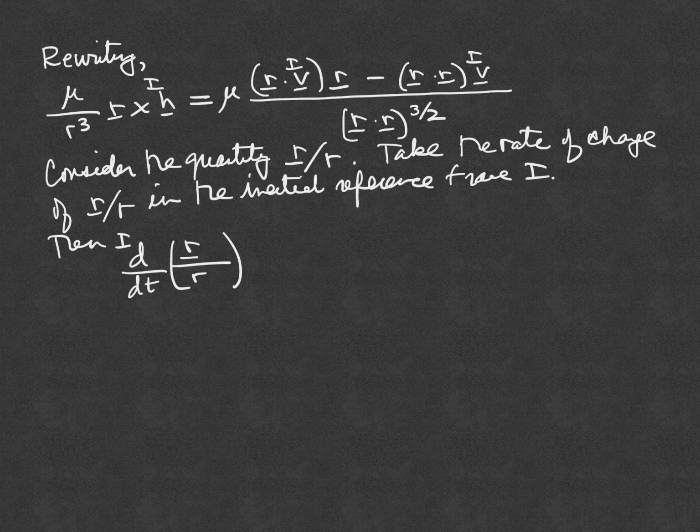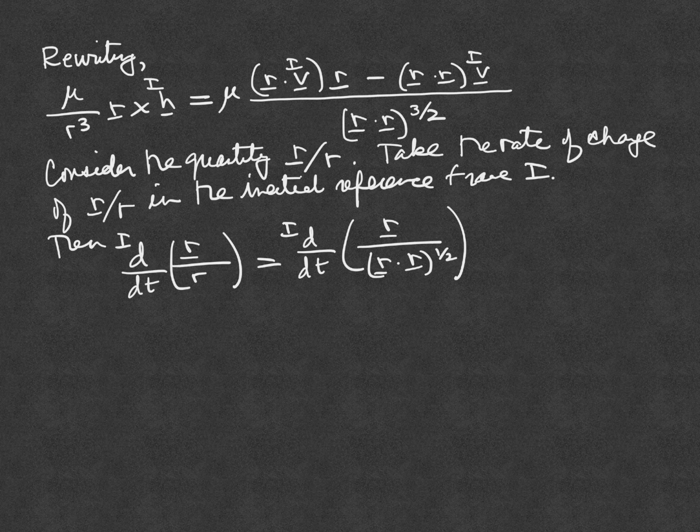What's that equal to? Well, as we said, the radius is the position dotted with itself to the 1/2. So now if I expand this out, what do I get?